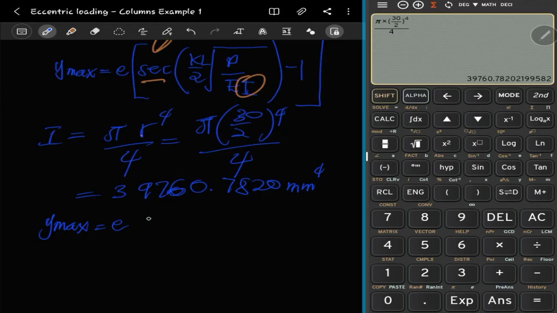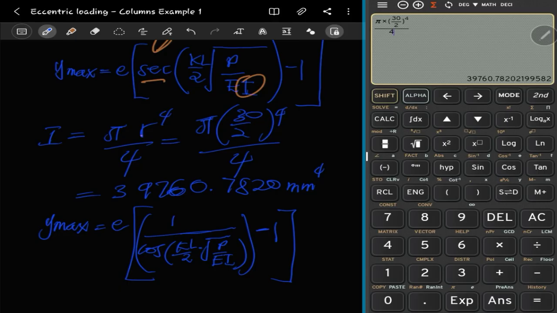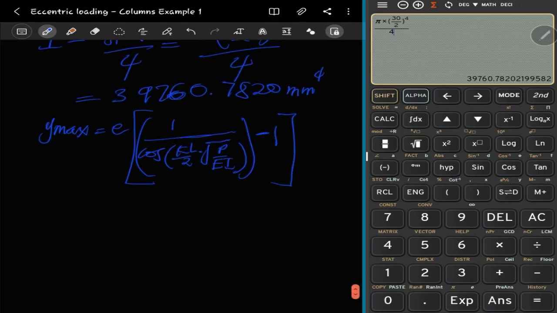This is E, and this means 1 on cos of all of this, which is KL on 2 times the square root of P on EI, all this minus 1. This is the same equation because we can't punch sec on our calculator. So now let's do the cos inverse, so 1 on cos of what we're trying to find.